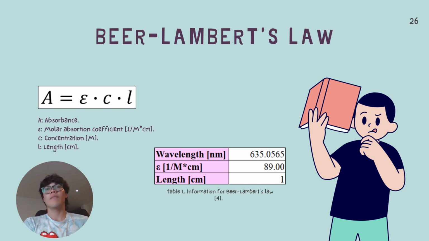But the molar absorption coefficient for water isn't available in the literature, so we're going to use this one because of the similarities, and also because acetic acid is commonly used as a repellent. We are going to take this value as a basis for the calculation, and even though it is not the same value as for water, the tendency that we're going to obtain from this data is going to be the same.